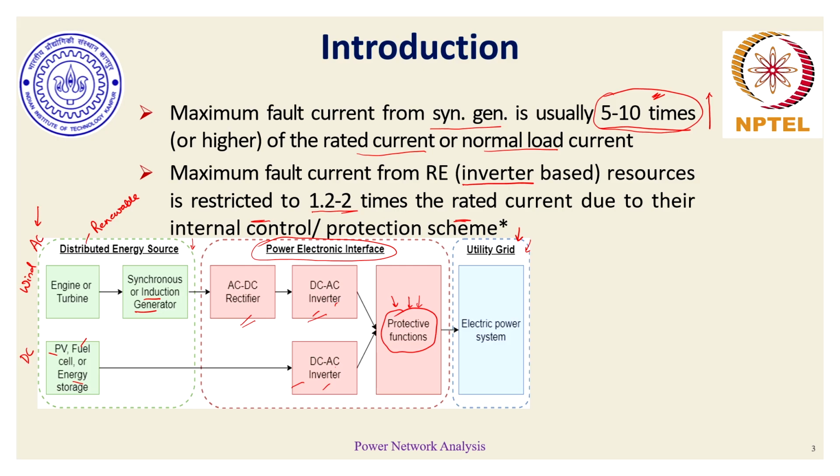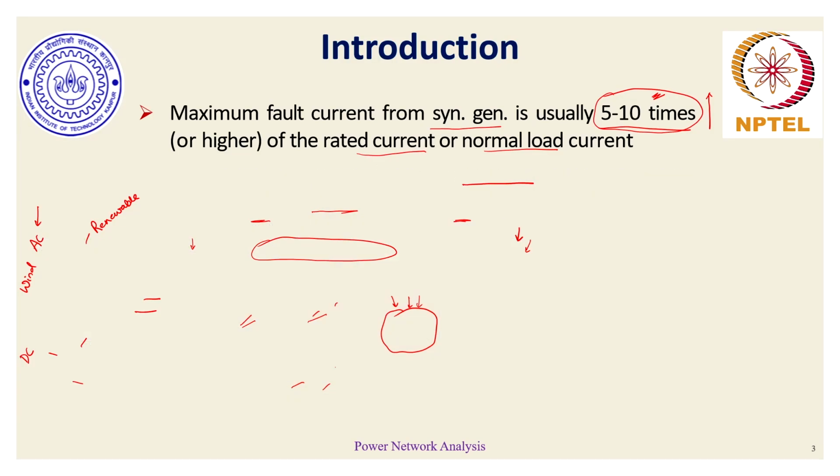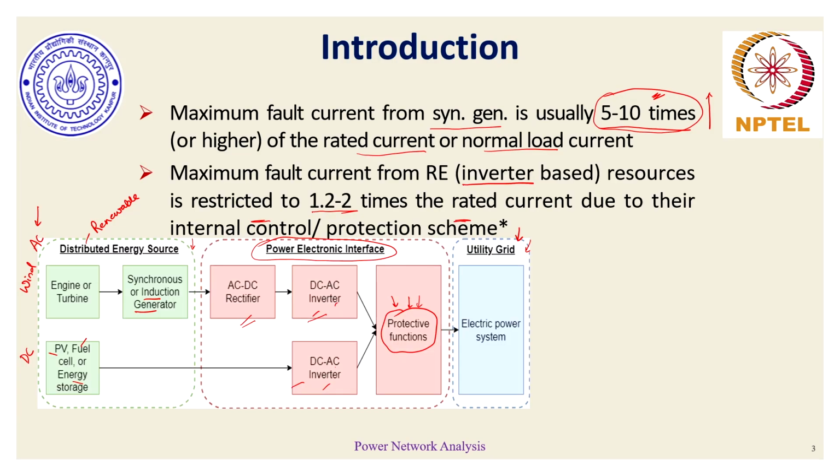So the question is, why do we need these power electronic interfaces when we are integrating renewable resources? The typical answer lies in the fact that solar PV or battery energy storage systems are DC based devices. So if we have to integrate them to an AC network, we would definitely need a DC to AC inverter.